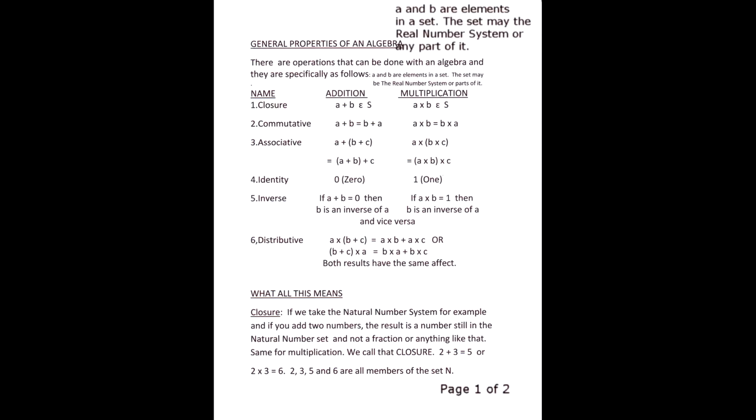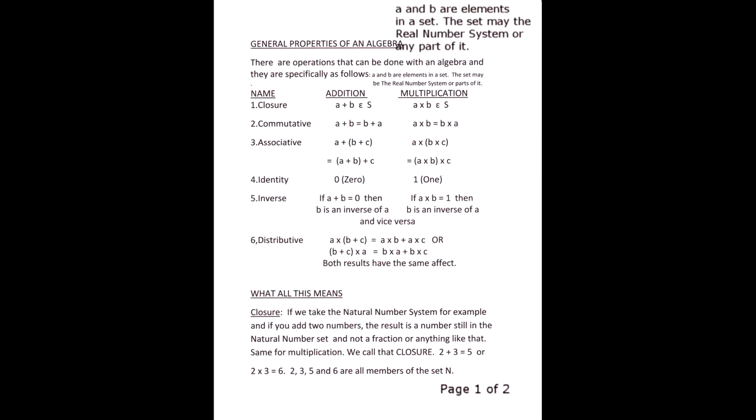Next is the 0 and 1. 0 and 1 are like neutralizers, so to speak, in mathematics for addition and multiplication respectively. For example, if you take the number A as equal to 3 and you take the integer minus 3 and add 3 and minus 3 together, you get 0. So then you know that one is the inverse of the other.